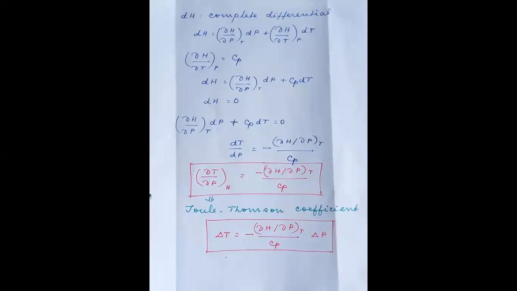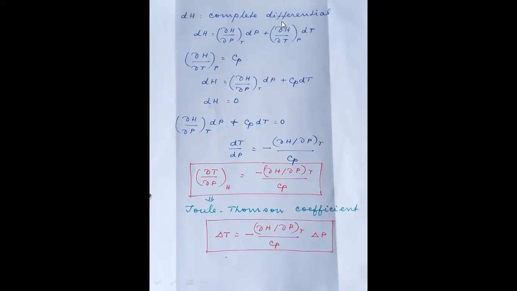So the new state function is H, and dH is another complete differential. So dH can be represented like this: dH is equal to (∂H/∂P) at constant temperature, that is, the change with pressure when temperature is maintained constant, multiplied by dP, plus the change with respect to temperature when pressure is maintained constant, into dT.